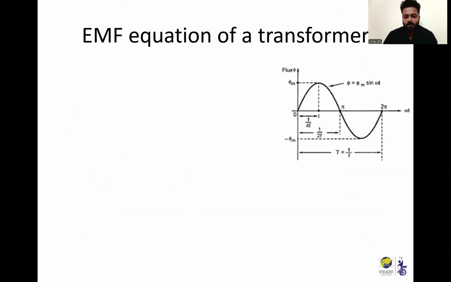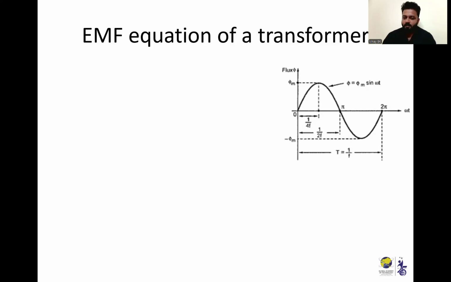We are discussing a single phase AC transformer, so we can consider a sinusoidal waveform for one cycle. To complete one cycle, it takes a time period of 1 by f, that is T. Similarly, to complete half cycle, it takes T by 2, that is half of the time period, which is nothing but 1 by 2f.